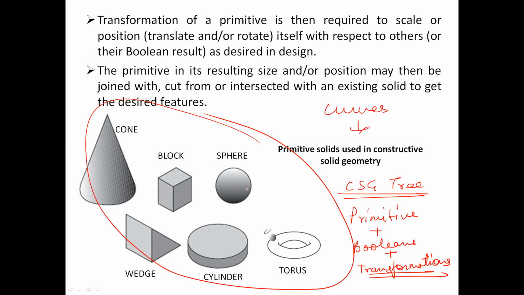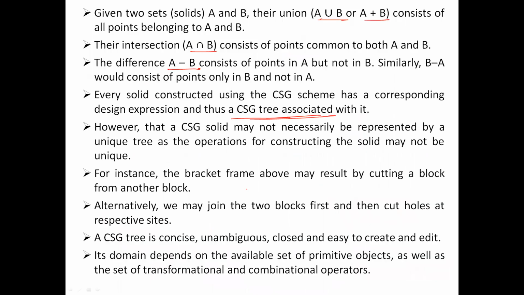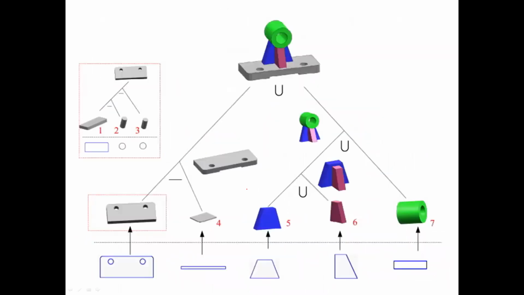You can create a B-spline curve and extrude that curve, or evolve that curve into a specific surface. So you can create a user-defined surface also. CSG has no restriction regarding which curve to use and which not to use. That is the advantage of CSG.